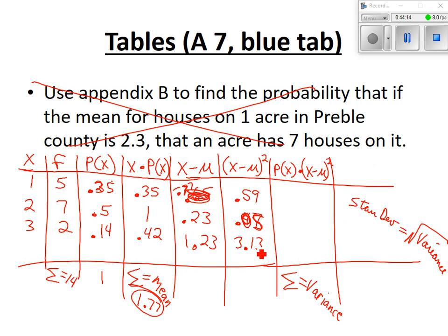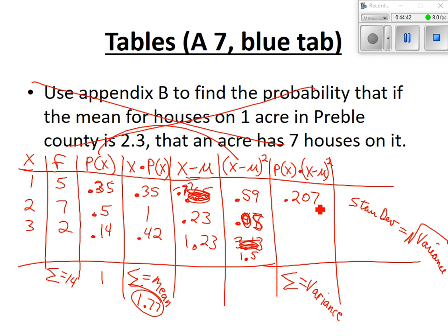Now we take this column times that column. What's 0.35 times 0.59? About 0.207, we'll go out 3 places.